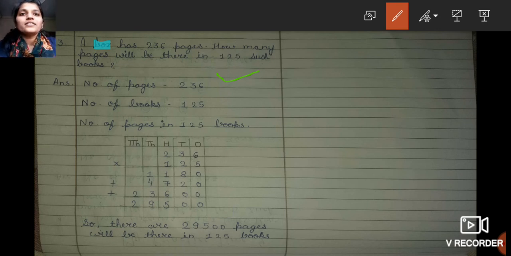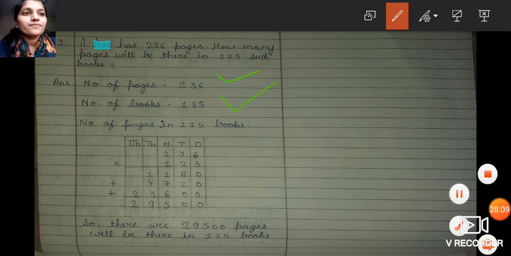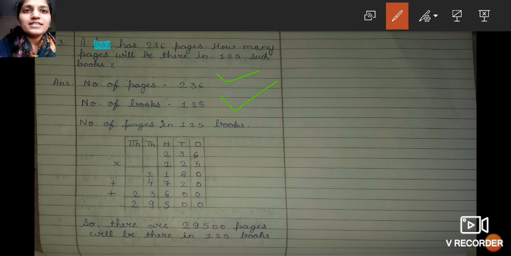Then we have to write the number of books, that is 125. Now the number of pages in 125 books means we are going to multiply 236 by 125.